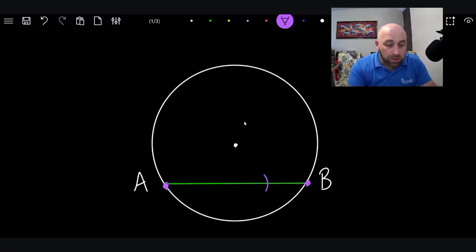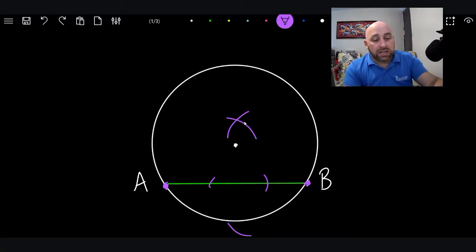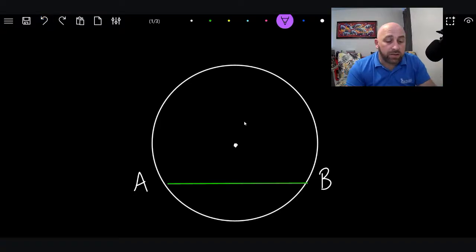You make a mark here, you make a mark here, and then you take your compass and you open it up and it puts an X here and then it puts an X down here. Then you connect those two. So that's the construction. I'm not going to take the time to do that. It's very hard for me to do it on this program. So I'm just going to review over that real quick with you. But you need to remember how to do the construction of the perpendicular bisector.